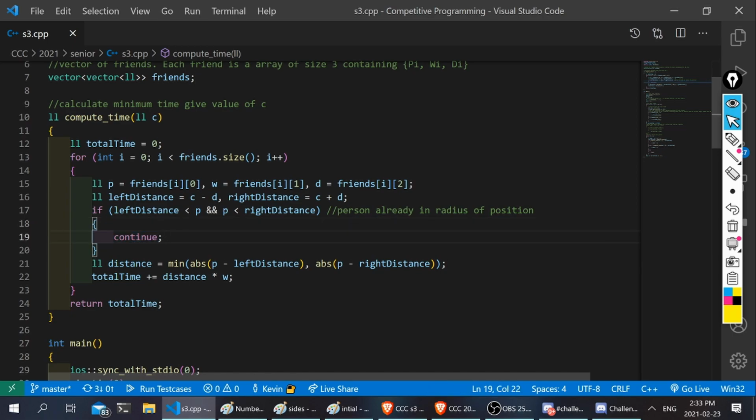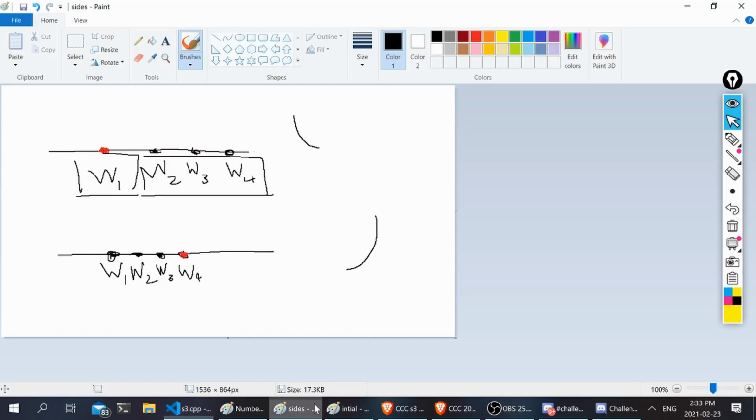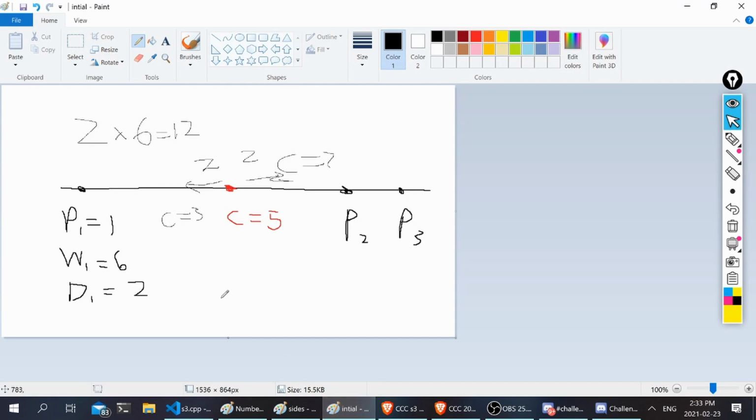To figure out if they're already in the radius, we get the left distance. As I showed before, the left distance here would be c = 3, the minimum position you have to be at in order to count as being near you. And the right distance would be 7.